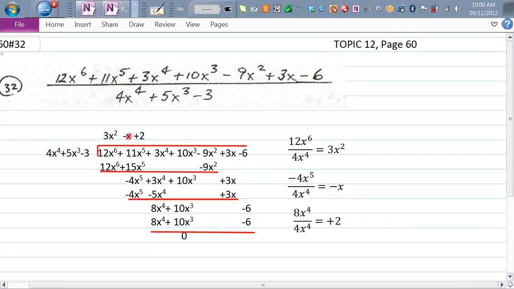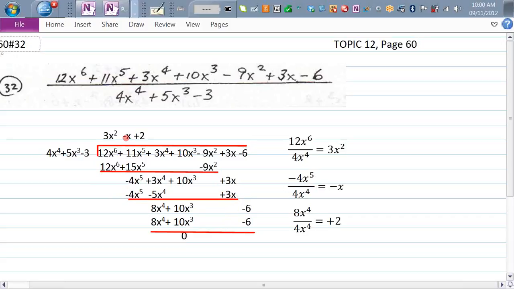Right here, I'm going to multiply minus x times 4x to the 4th, which gives me minus 4x to the 5th. Minus x times plus 5x cubed gives me minus 5x to the 4th. And then minus x times minus 3 gives me plus 3x. So I have this term here.